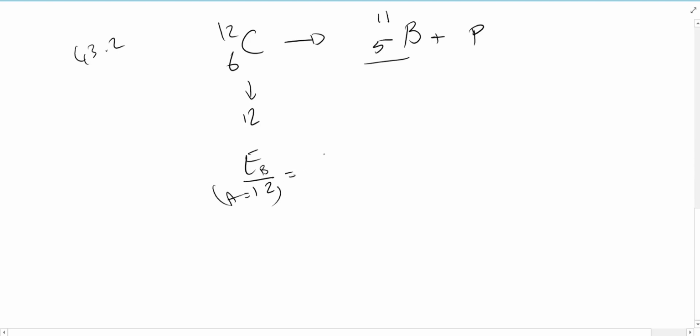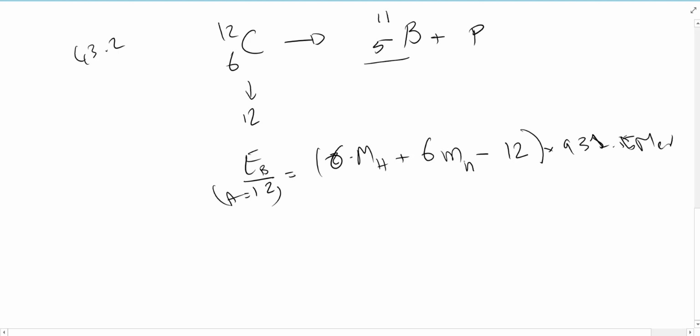The binding energy: Z is 6, so 6 times the mass of the hydrogen plus 6 times the mass of the neutron minus the mass of the carbon, which is exactly 12, times 931.5 MeV. I'm using dimensionless units already, so don't plug in u here. I already converted that into MeV.